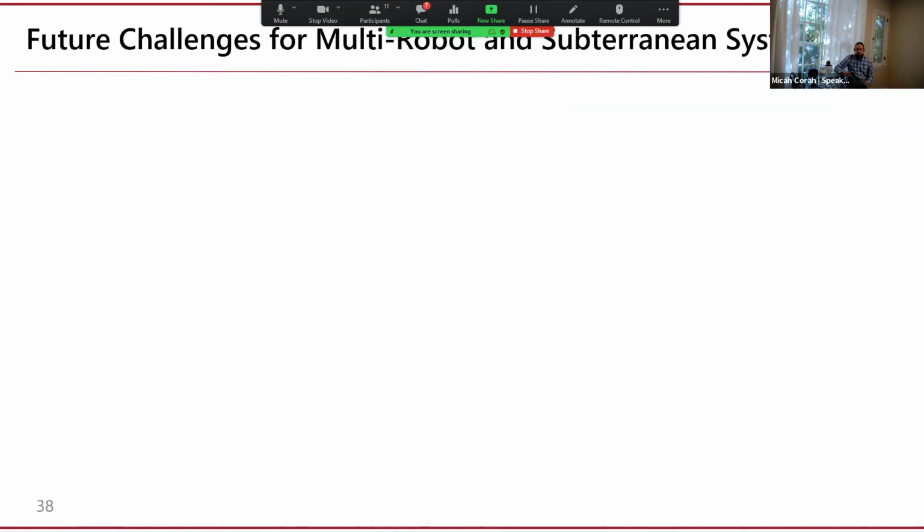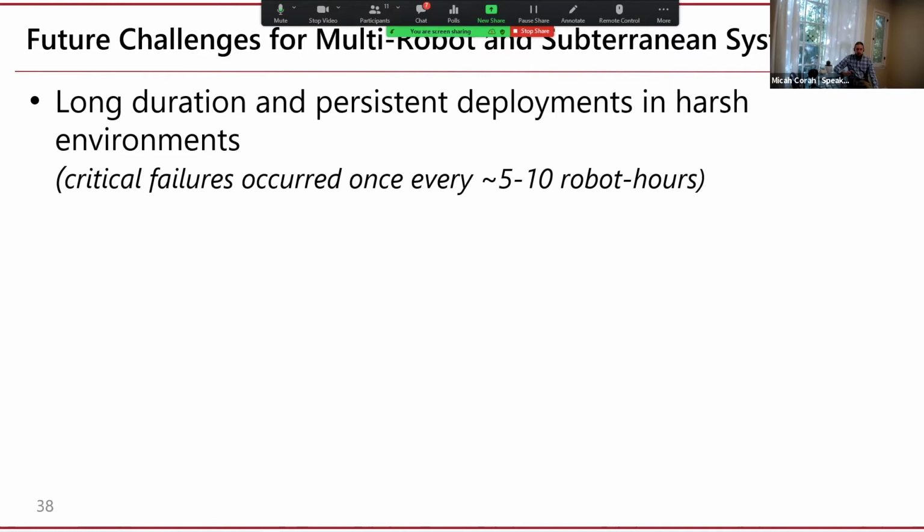So now I'd like to briefly talk about some of these challenges for deploying multi-robot teams in subterranean environments, and also look to the future of what these systems may look like. So the first challenge I would like to focus on is reliability.